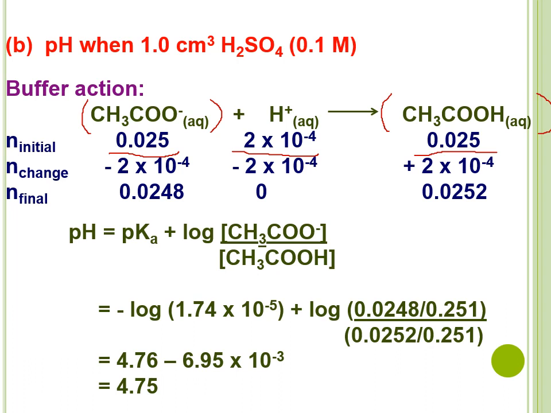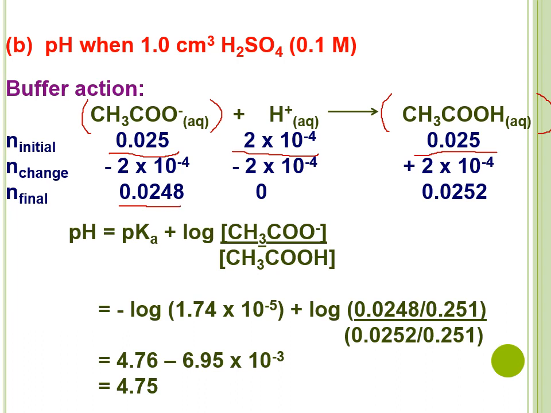So the ICE table would be negative x and positive x, respectively, for each substance. The acetate ion is going to react with all the H+ supplied by sulfuric acid, and it will decrease its number of moles to become 0.0248.